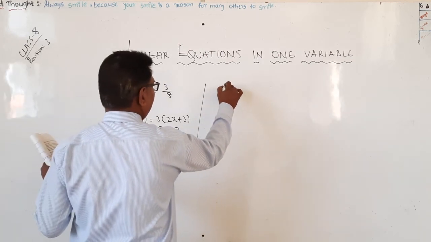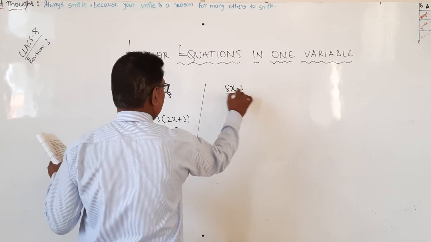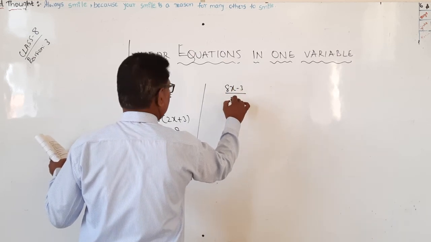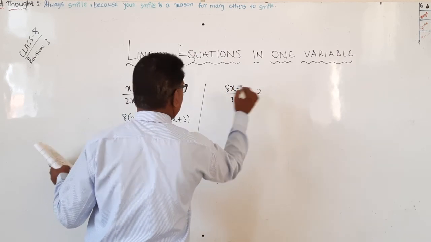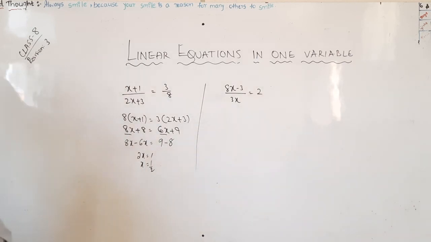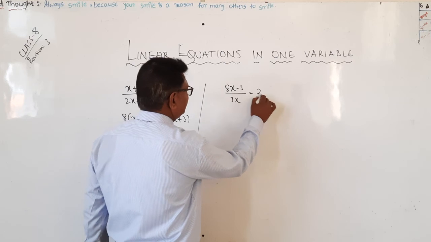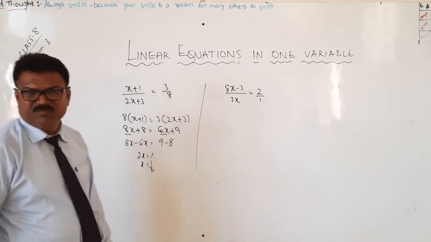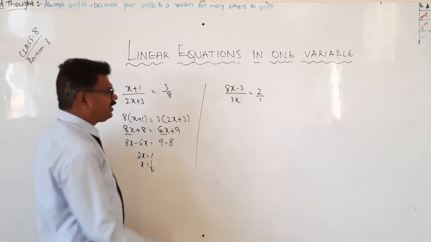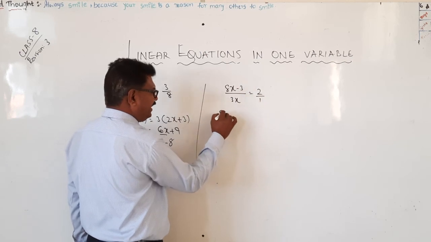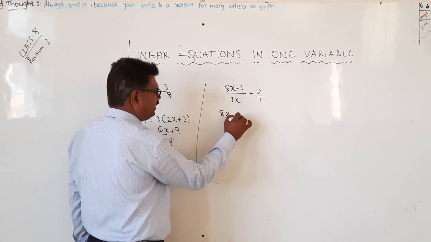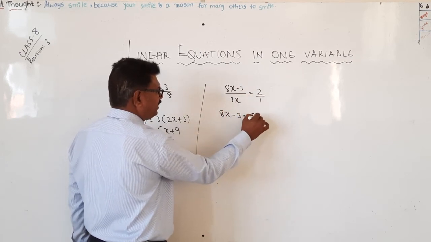(8x - 3) divided by 3x is equal to 2. I told you, where nothing is there, you can write by 1. Now cross multiplication: 1 into (8x - 3) is equal to 2 threes are 6x.